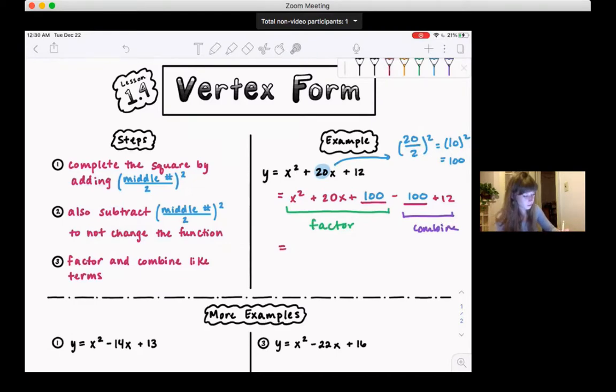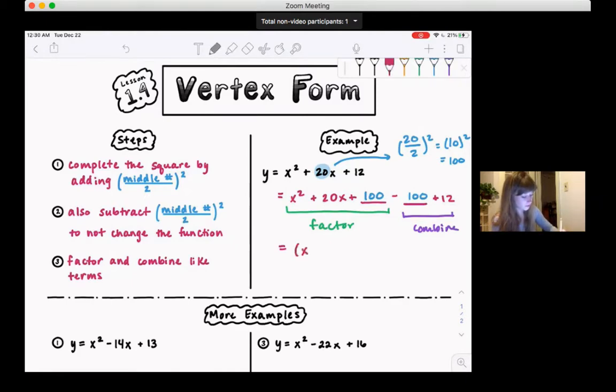We want 2 numbers that multiply to 100 and add to 20. In this case, it's always going to be half of this number, which is nice. So 10 plus 10 is 20, and 10 times 10 is 100. So we can find it easily that way.